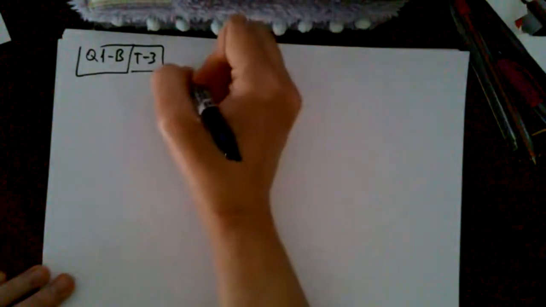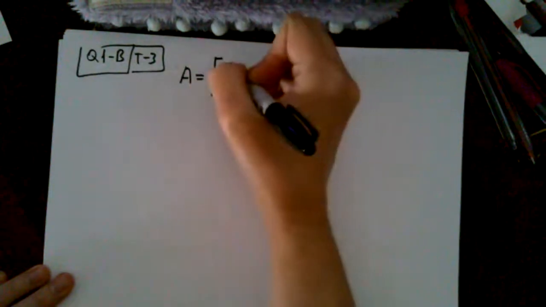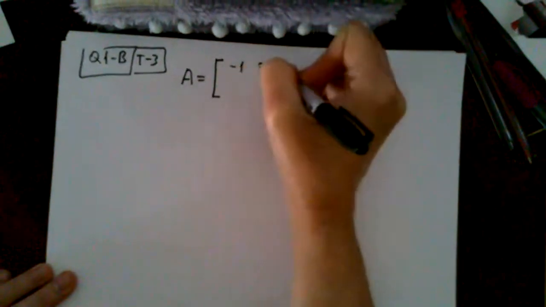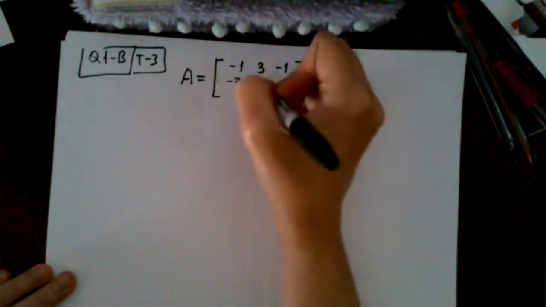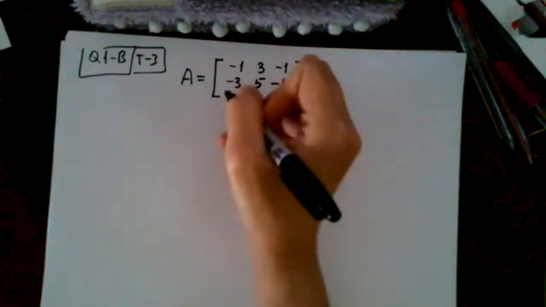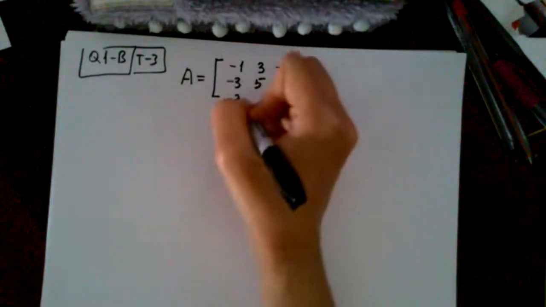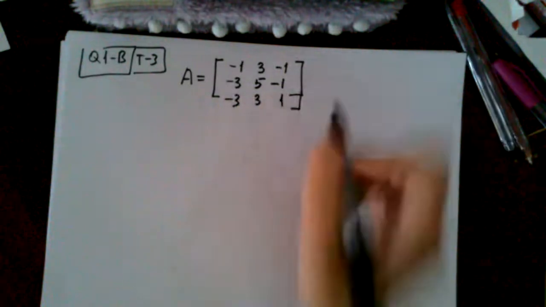Okay, let's start. So in this question, you have a 3x3 matrix this time. The first row is minus 1, 3, minus 1. The second row is minus 3, 5, minus 1. And the last row is, you can see properly here, minus 3, 3, 1. So this is our matrix.